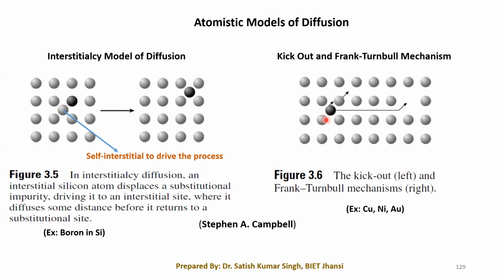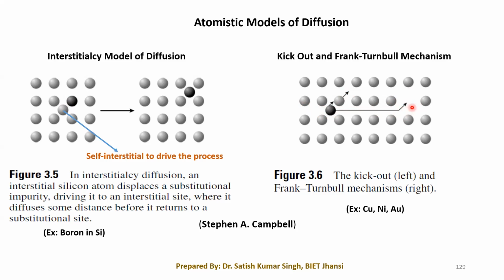Or otherwise, what can happen is the interstitial impurity can make a movement through the interstitial space, and it will keep on moving until it finds a vacant site. Once it finds a vacant site, it goes and sits there. Okay, so one thing that is very clear from this picture is that in these cases our impurity is going to occupy the substitutional site.